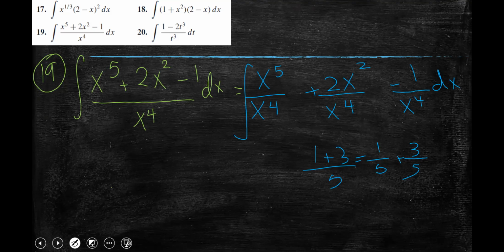Since the expression in the numerator is added, I cannot simplify it. Only if they are multiplied can I simplify x to the power 4 with x to the power 5. But since here they are added, I just use the distributive property. I distribute x to the power 4 into the 3 terms. Is it clear?